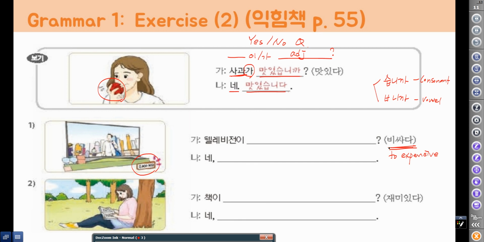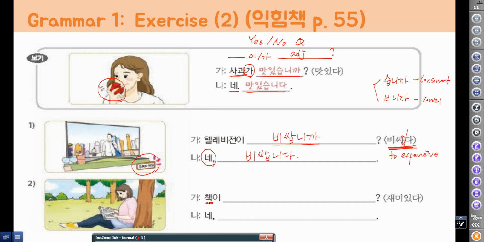So 비싸다. 텔레비전이 비쌉니까? 네. And if the answer is yes, you just repeat the same thing with the statement. 네, 비쌉니다.